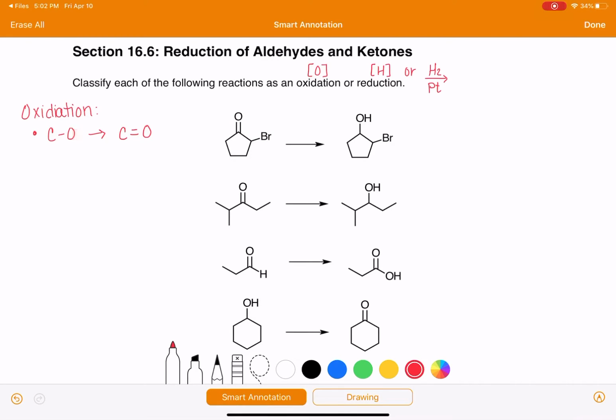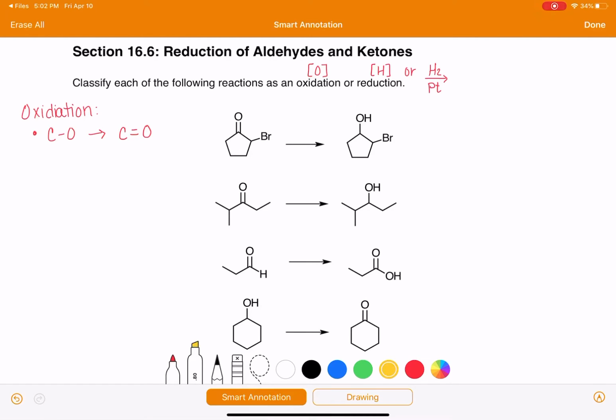That's not guaranteed to happen. But if you do see that conversion, if you see a carbon-oxygen single going to a double, then I guarantee it's an oxidation reaction. So let's look and see if we can find any of those.